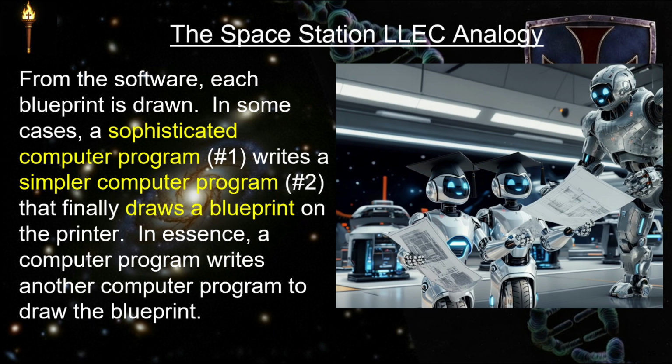From the software, each blueprint is drawn. In some cases, a sophisticated computer program, called computer program number 1, writes another simpler computer program, program number 2, that finally draws a blueprint on the printer. In essence, a computer program writes another computer program to draw the blueprint. That is challenging.